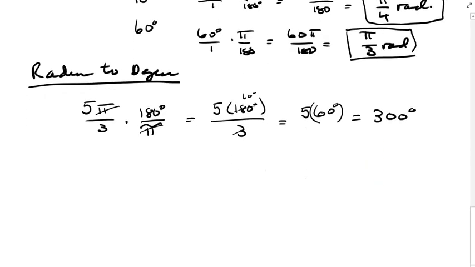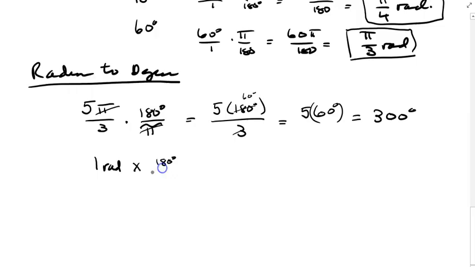Now, most of the time, your radians are going to be given with the pi symbol in them, but not always. So you need to be careful. So if you were asked to convert 1 radian, I wonder how big a radian is. You would just have the number 1.